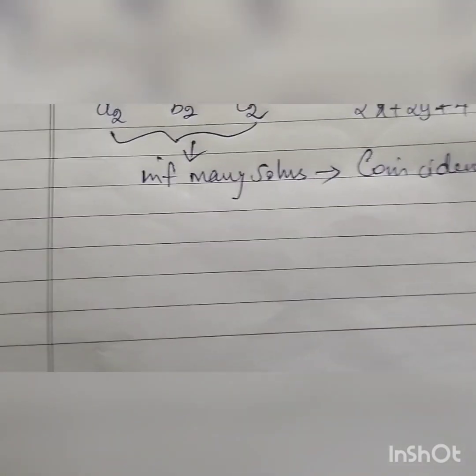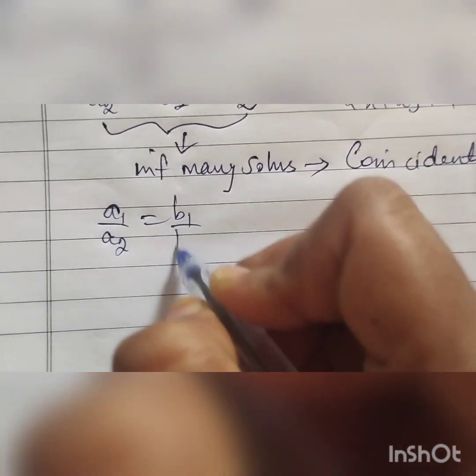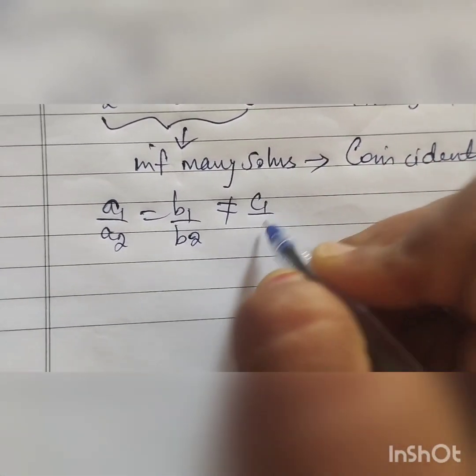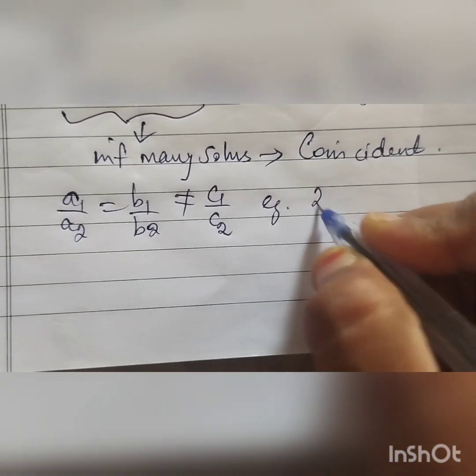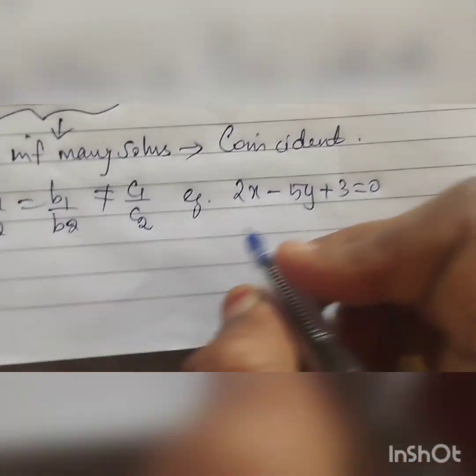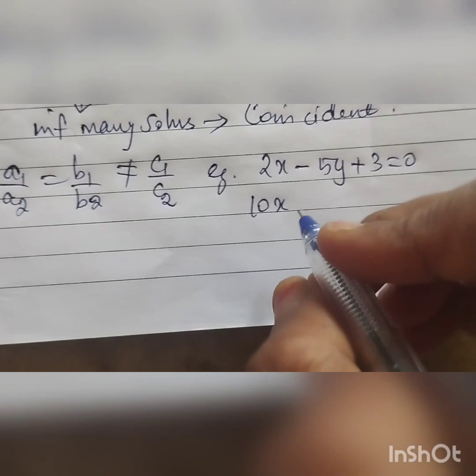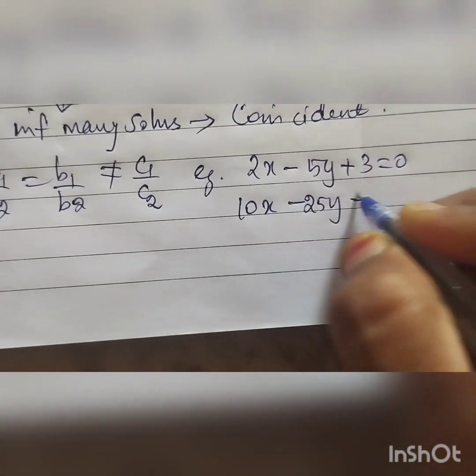The last condition is if a1 by a2 is equal to b1 by b2 but it is not equal to c1 by c2. For example, 2x minus 5y plus 3 is equal to 0 and 10x minus 25y plus 5 is equal to 0.